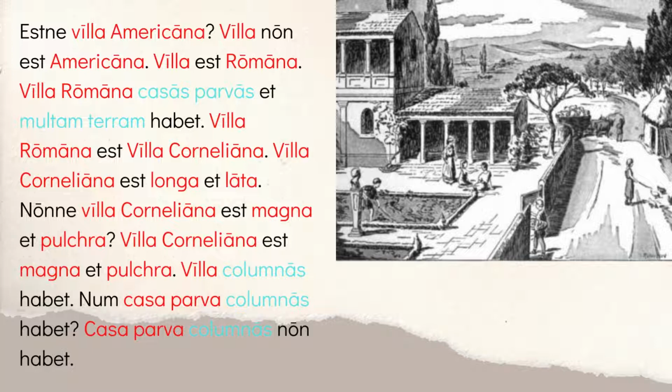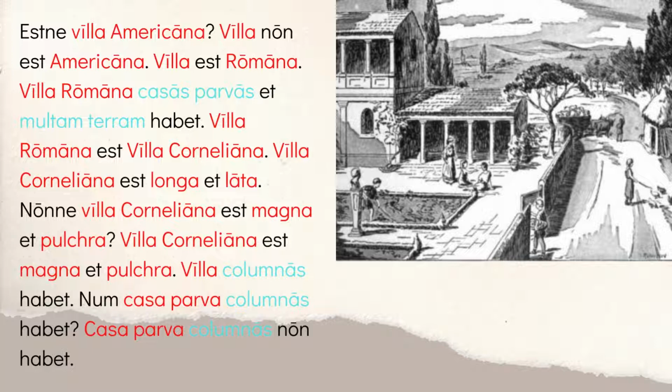You have Villa est Romana. The house is Roman, or it's a Roman house. Okay? Villa Romana casas parvas et multam terram habet. So a Roman house, a villa Romana, habet, it has casas parvas. That means like small huts, right? Small little dwellings. And if you're looking to the picture to the right, you can see those little huts off to the right-hand side.